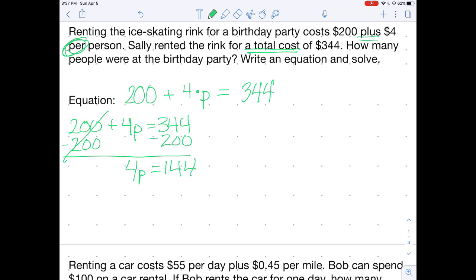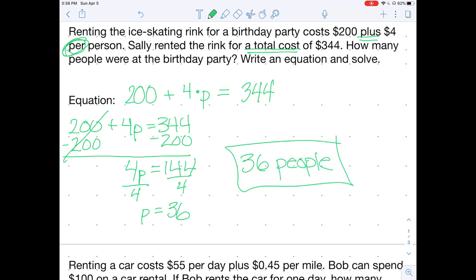Okay, so if we're working in reverse order of operations, we subtracted, there's no adding to do. So next we would come to multiply and divide. Right here we've got 4 times p. The opposite is to divide by 4. And if we do 144 divided by 4, that means there were 36 people at the birthday party. That would be our answer.